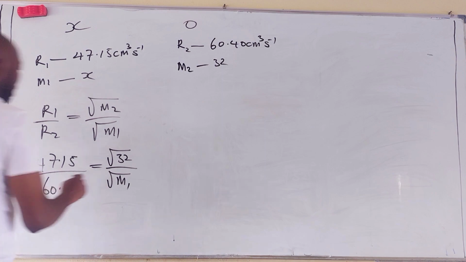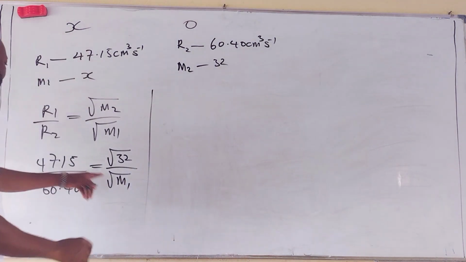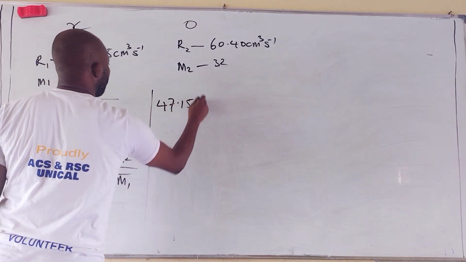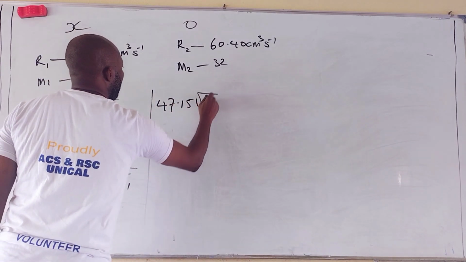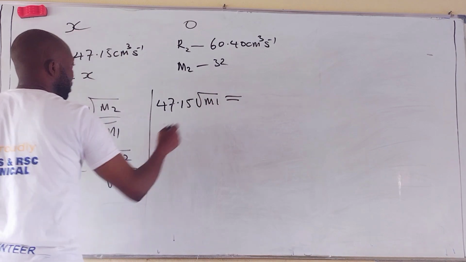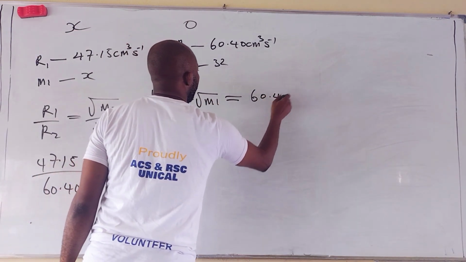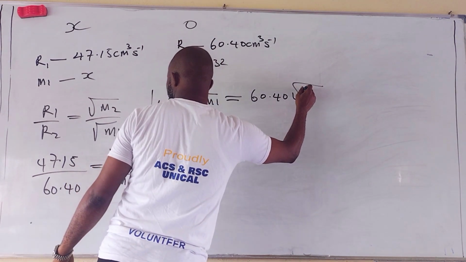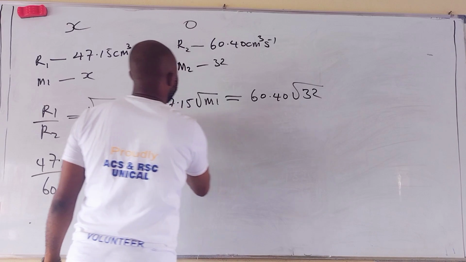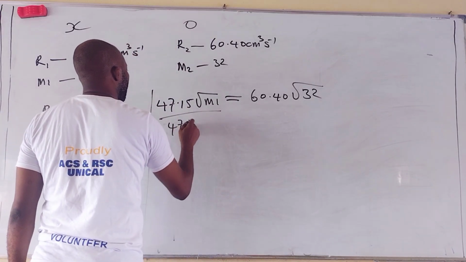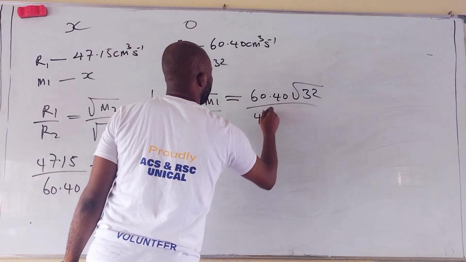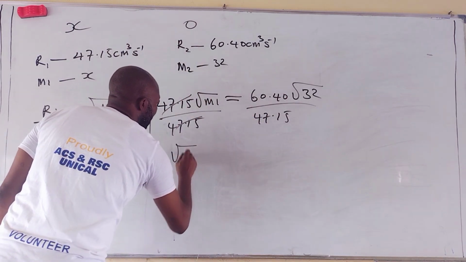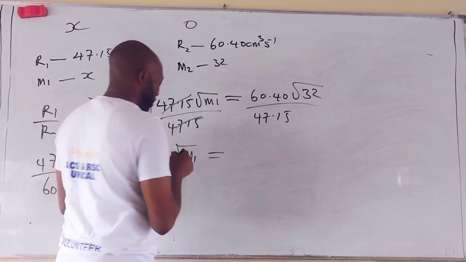Cross multiplication, I will have 47.15 root M1 is equal to 16.40 root 32. Divide both sides by 47.15. So root M1 is equal to this.